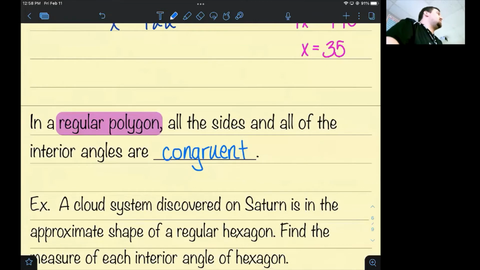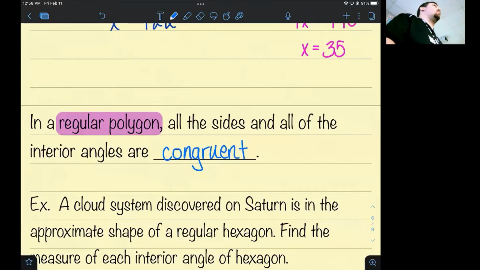Most of the polygons you guys imagine when you think of a pentagon, a hexagon, an octagon, and those shapes we talked about, most of the time you're typically thinking of a regular polygon where all the sides and all the angles are congruent.